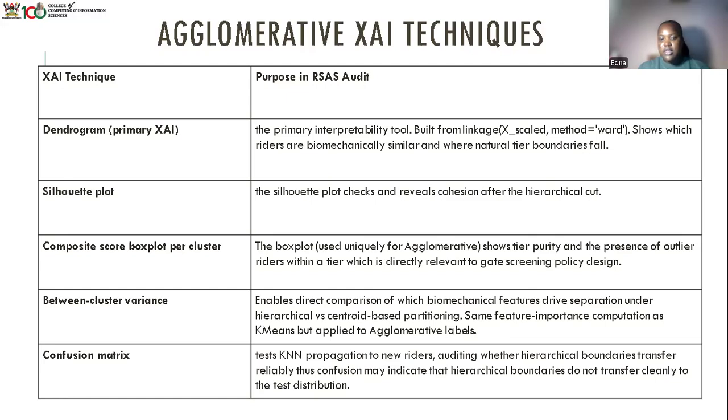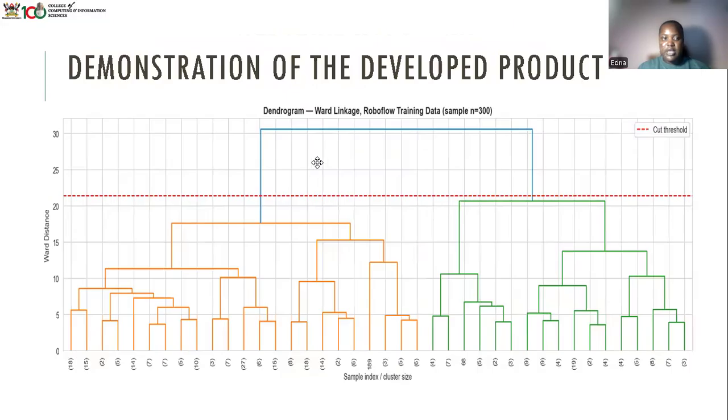So the next slide is going to be showing us a demonstration of the dendrogram that we've been talking about. This is the visualization of what it should look like.